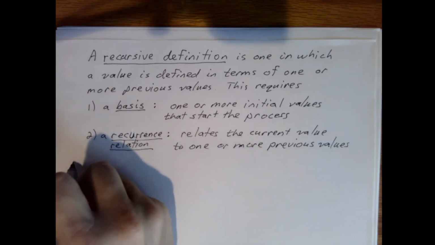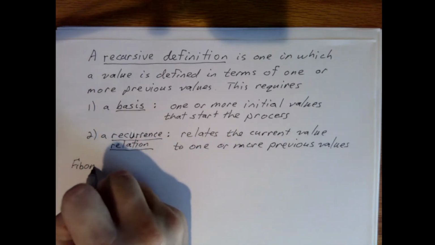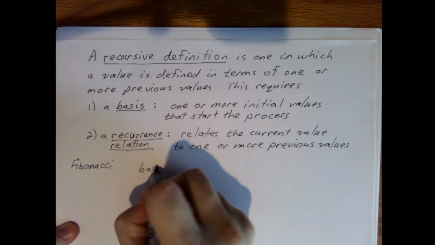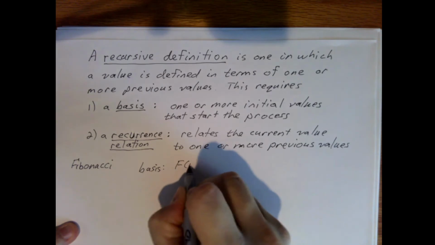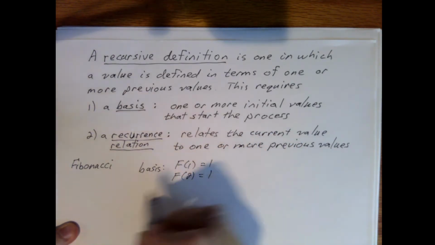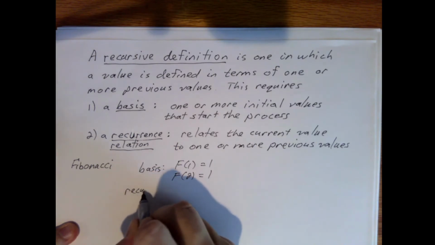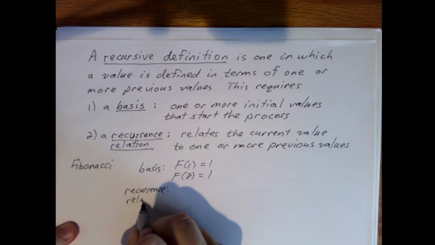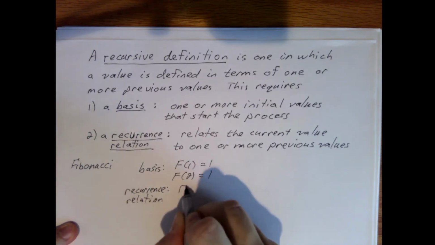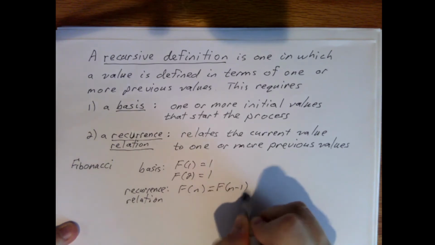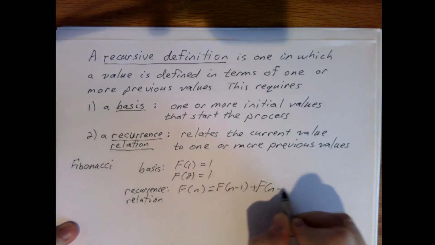So for Fibonacci, the basis was that f of 1 was equal to 1, f of 2 was equal to 1, and then the recurrence relation was that f of n is equal to f of n minus 1 plus f of n minus 2.